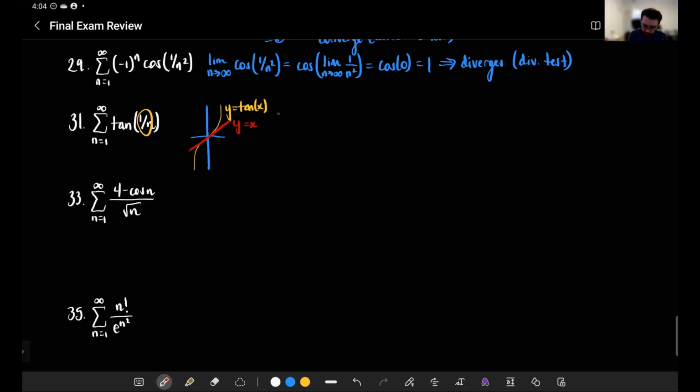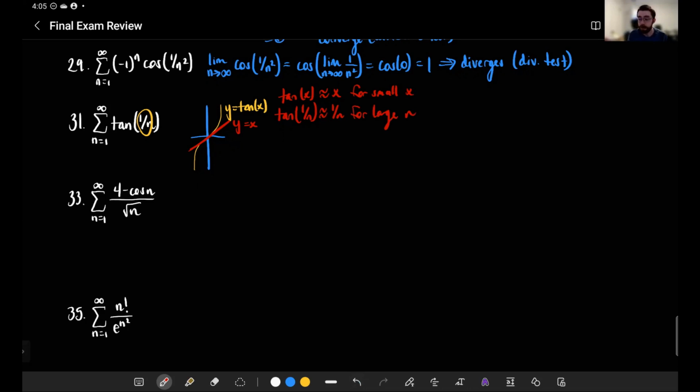So that suggests, well, let's write this out, tangent of x is basically x for small x. So tangent of 1 over n should be basically 1 over n for large n, because 1 over n is small when n is big.